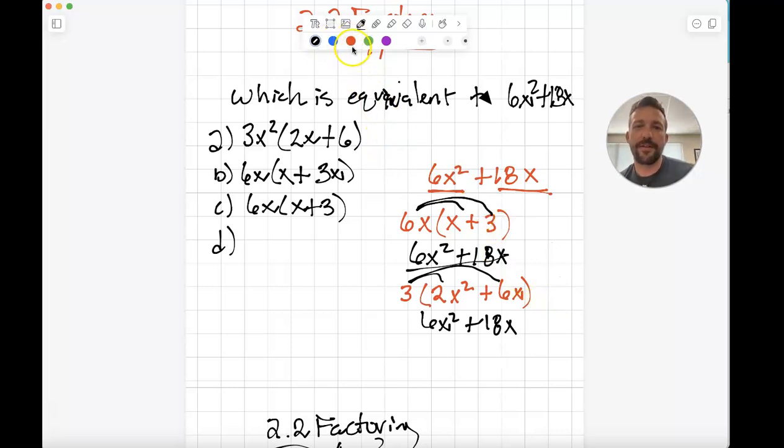Being able to factor all of them, I think people are not going to love doing that. I think they'll be more successful just looking at the answer choices and multiplying them out.